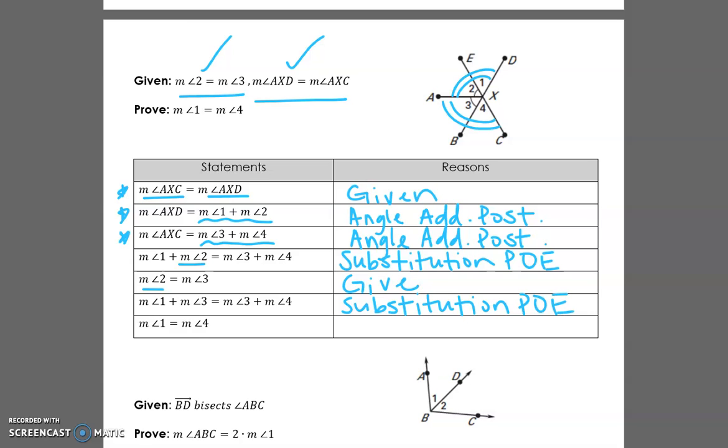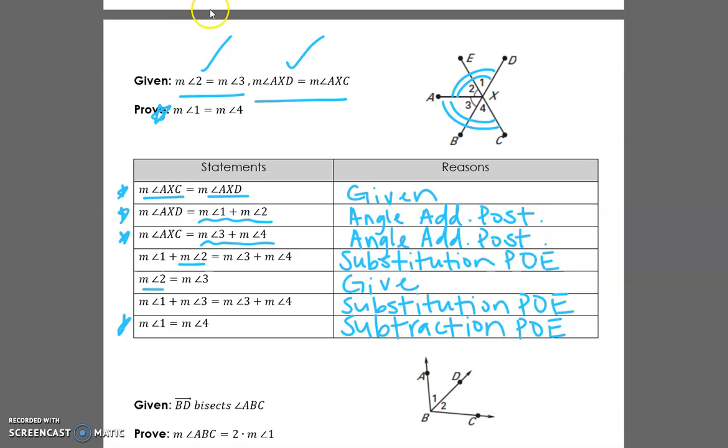Okay, last step, it looks like they subtracted the measure of angle 3 on both sides. So that would be the subtraction property of equality. Okay, and now my final statement matches what it was asking to prove, so I am done.